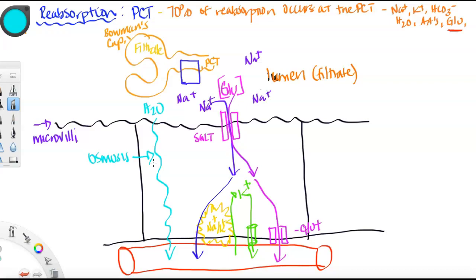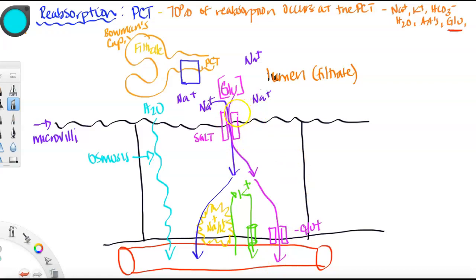So now, because these solutes are leaving the filtrate, the osmolarity of the filtrate is decreasing. So we have less solutes in there.